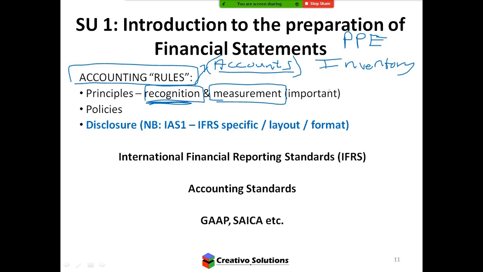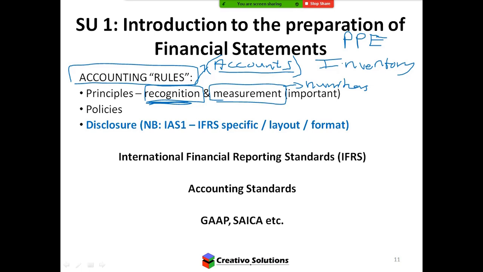So that's the difference between recognition and measurement. Measurement looks at the quantification. You're actually going to be quantifying. You get quantitative analysis and you get qualitative analysis. So measurement is looking at the actual numbers part of it. Now that I know I have inventory, how am I going to measure it? Am I going to measure it according to perpetual, or according to periodic?